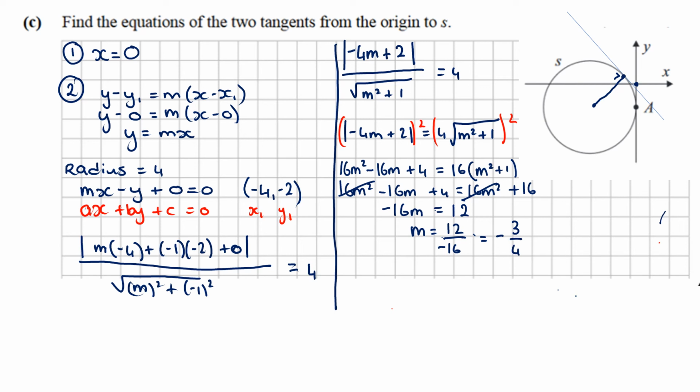So looking at our actual diagram, it makes sense that that slope would be negative. So going back to the equation of our tangent, it's going to be y equals minus 3 over 4 x, and that can be written as 4y equals minus 3x, or if you prefer, 3x plus 4y equals 0.